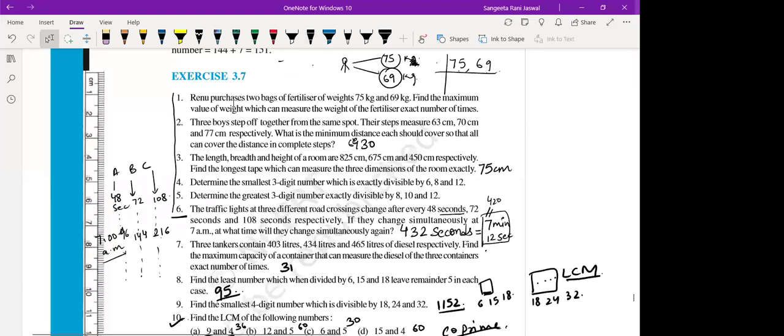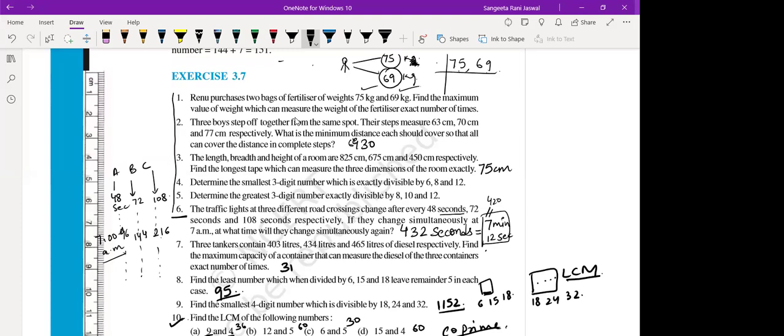Now there are some statement sums. Let's see a few sums. Renu purchases 2 bags. In statement sums, you need to first find out whether it is HCF or LCM by understanding the statement. Renu purchases 2 bags of fertilizers of weights 75 kg and 69 kg.